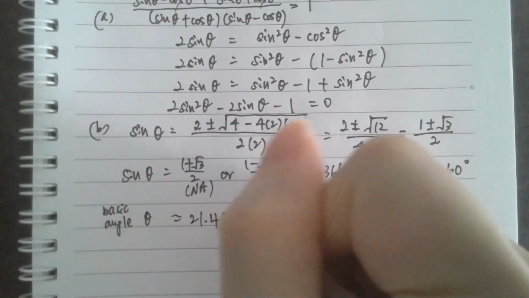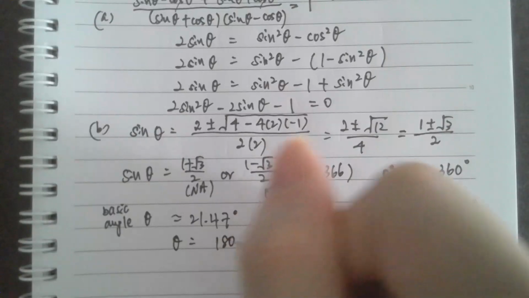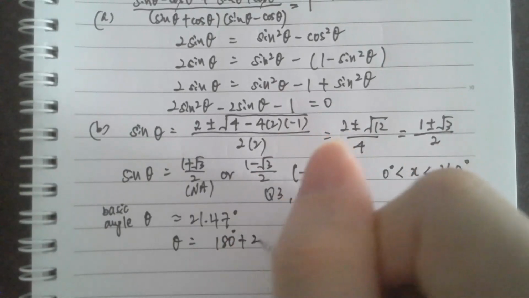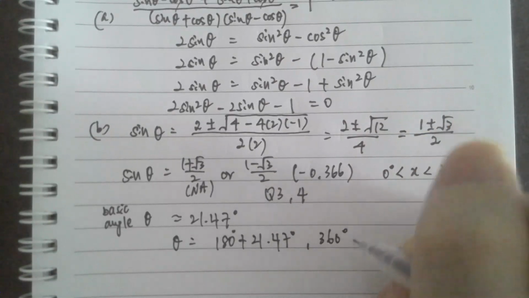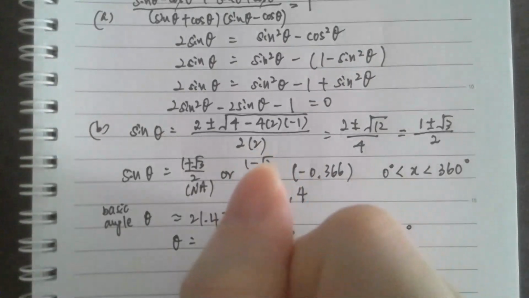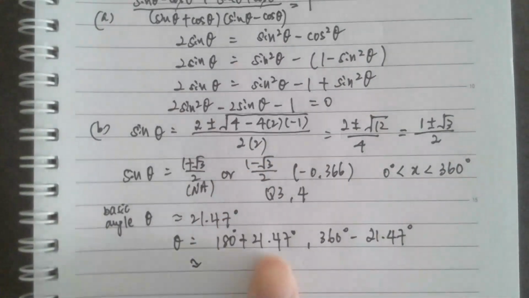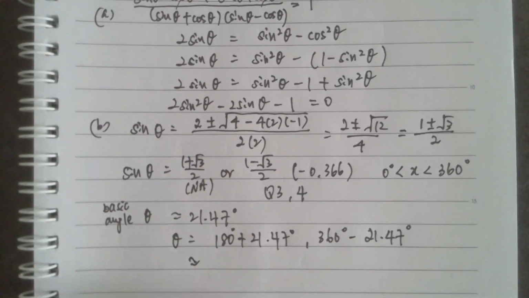So to find the answers for theta in the third quadrant, we just add 180. For quadrant 4, we subtract from 360. Alright, so I keep it in 2 decimal places because the standard format for the exam is 1 decimal place for degrees, so I can round it up later on.